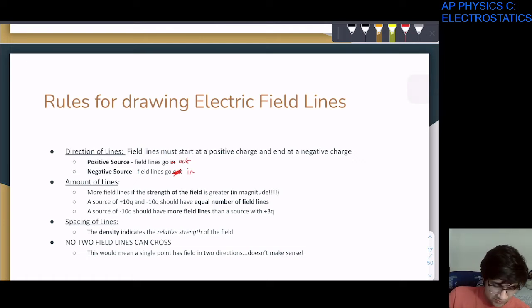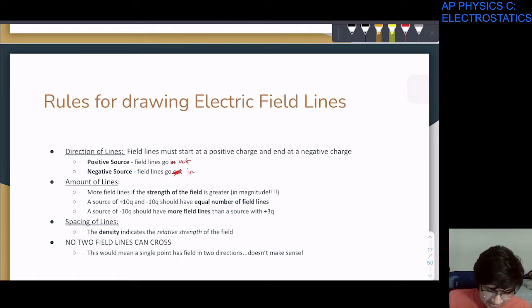So this would be a charge of plus 10, this would be a charge of minus 10. So they should both have an equal number of field lines because they're equal in magnitude. But minus 10Q should have more field lines than 3Q because it's higher in magnitude. 10 is greater than 3. So you should have more number of field lines.